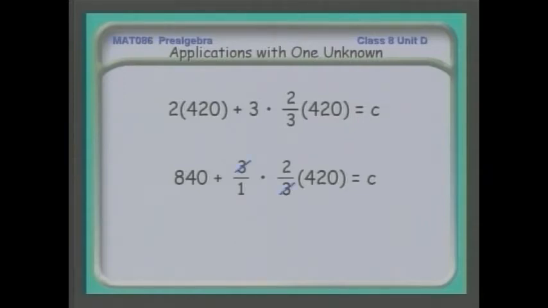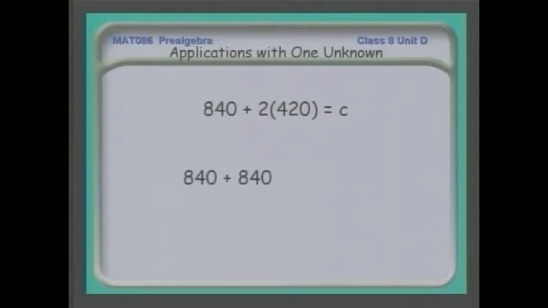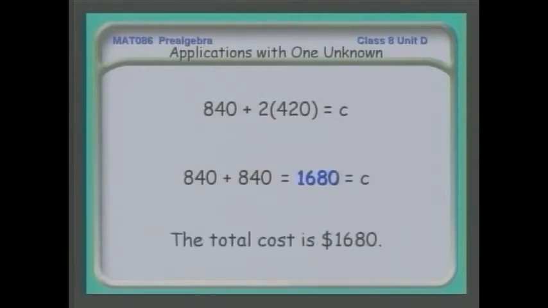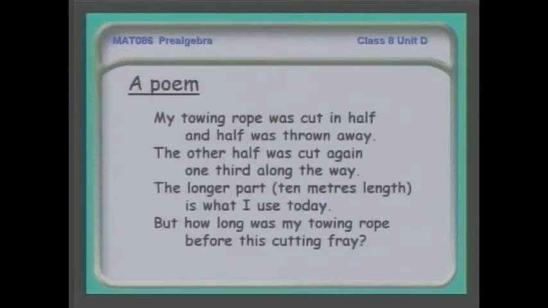What I wind up with then is 840 for the 2 adults and another 840 for the 3 children. So the total cost of the tickets is $1,680. Reasonably straightforward.